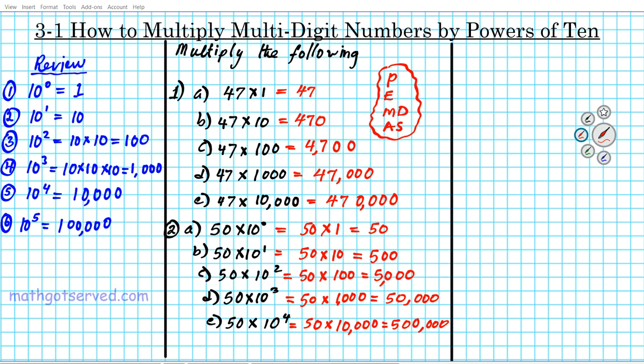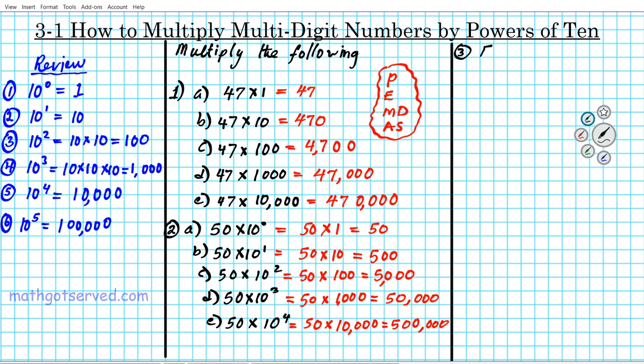All right, so now let's do the reverse. Let's talk about how to express numbers that have been expanded fully in a format that involves powers of 10. Okay, so for question 3, consider the following.